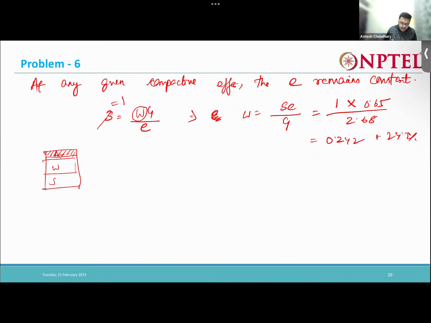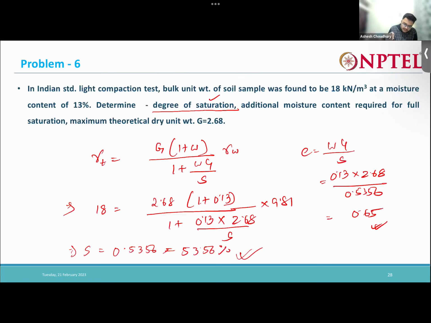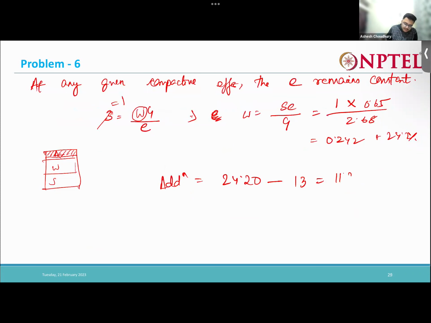Now it is asked, if 100% saturation is to be maintained, meaning all the remaining voids are to be filled with water, how much extra water content do we need? So we put saturation equal to 1 and find the water content. Very simple. It was 24.2 and we already have 13%. So additionally 11.2% of water we need to add so that our soil is completely saturated.